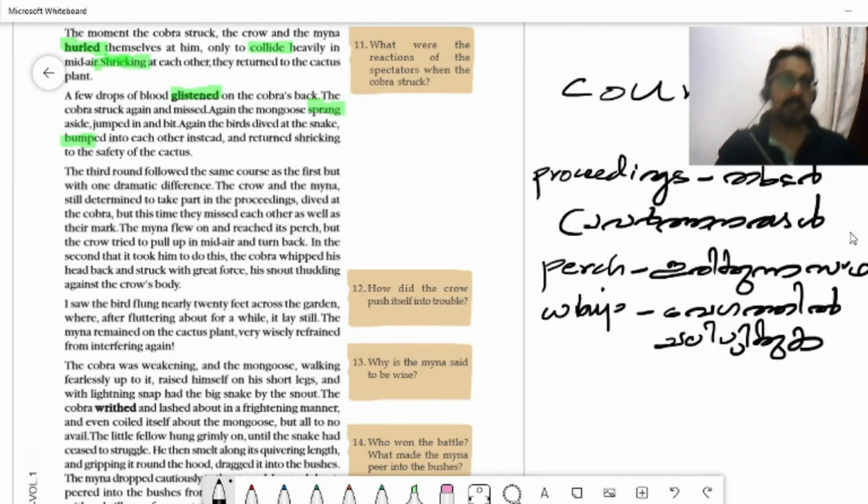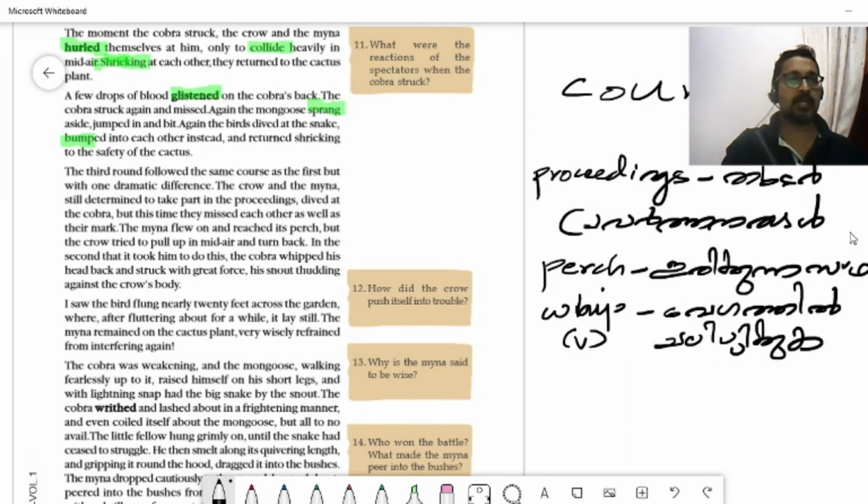So here it means is in the verb form. It is to move quickly. The cobra whipped his head back, and struck with great force his snout, the nose and the mouth, thudding against the crow's body.